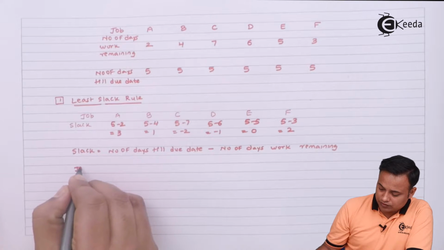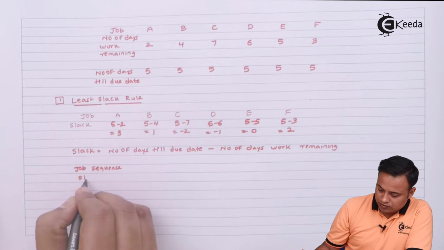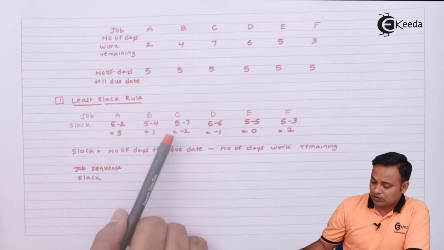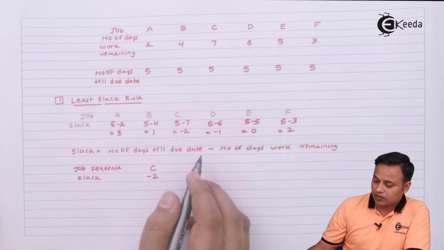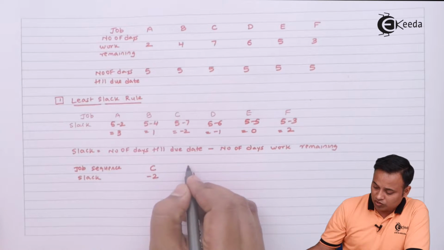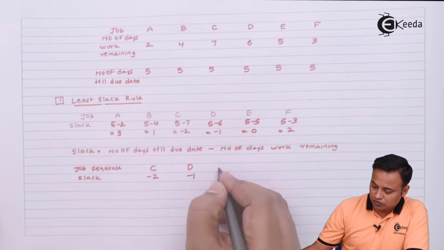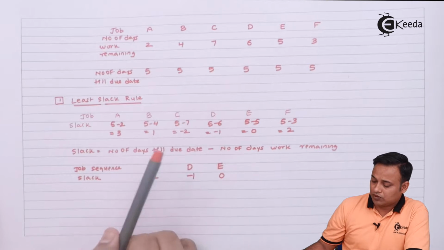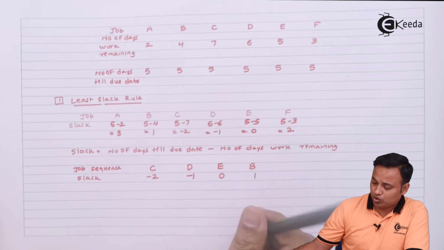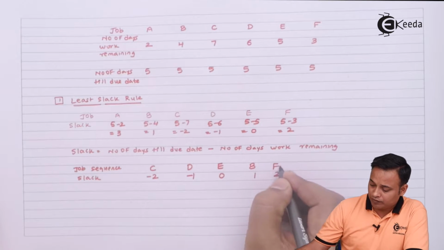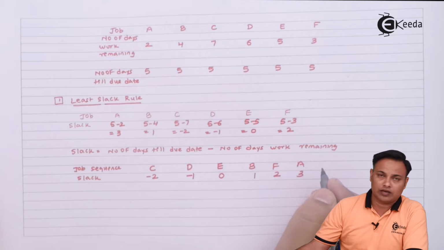So here will be my job sequence and the slack. The lowest is -2, so job C will be the first job, then -1, job D will be the second job, then 0, so job E will be my third job, then 1, job B will be my fourth job, then 2, job F will be my fifth job, and then 3, job A will be my last job.